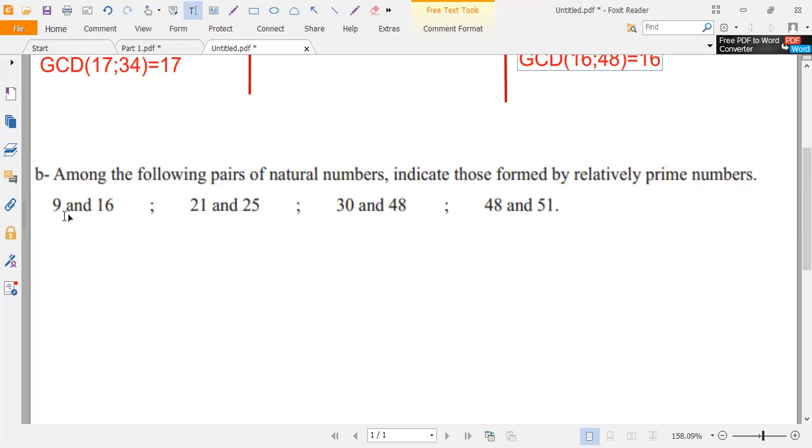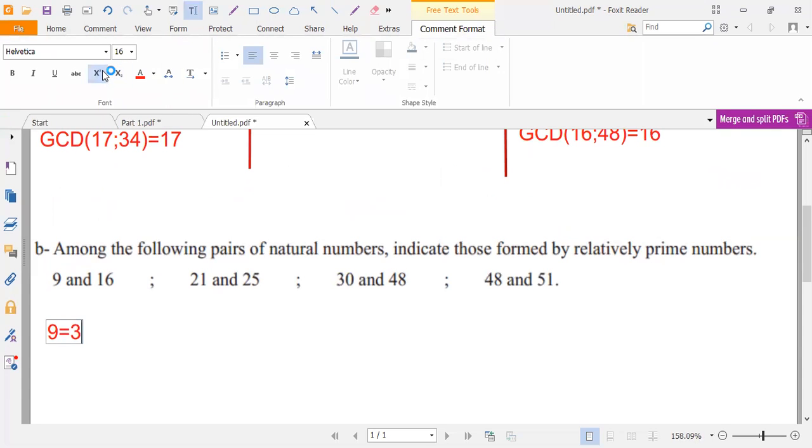So here, 9 and 16: can we see directly they don't have a common divisor? We can find the GCD directly because we know that 9 is equal to 3 to the power 2, without the tree method and without finding anything.